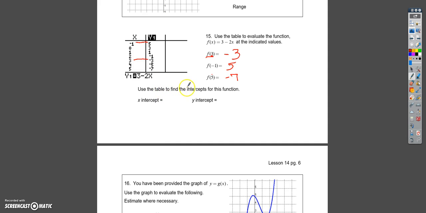Use the table to find the intercepts of this function. Well, for the x-intercept, y is 0. For the y-intercept, x is 0. So here we can find the y-intercept is 0, 3. But we don't see where when x is 0, y is 0.